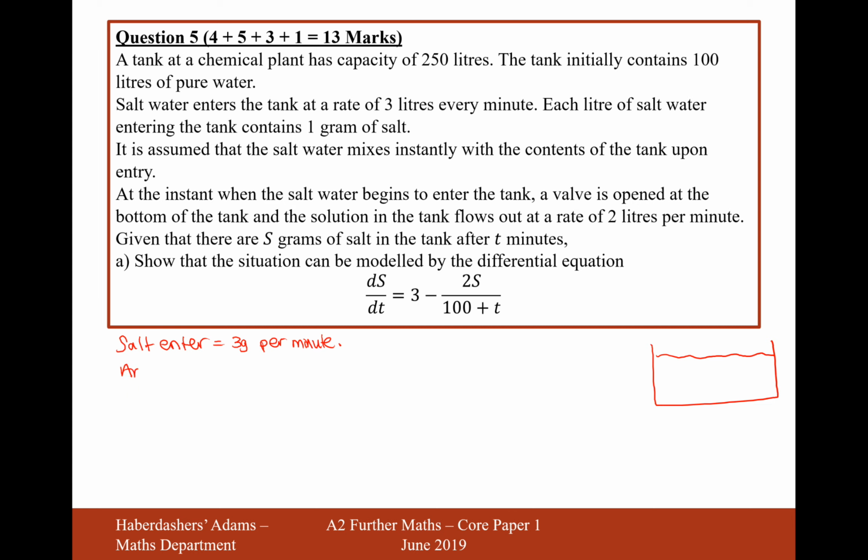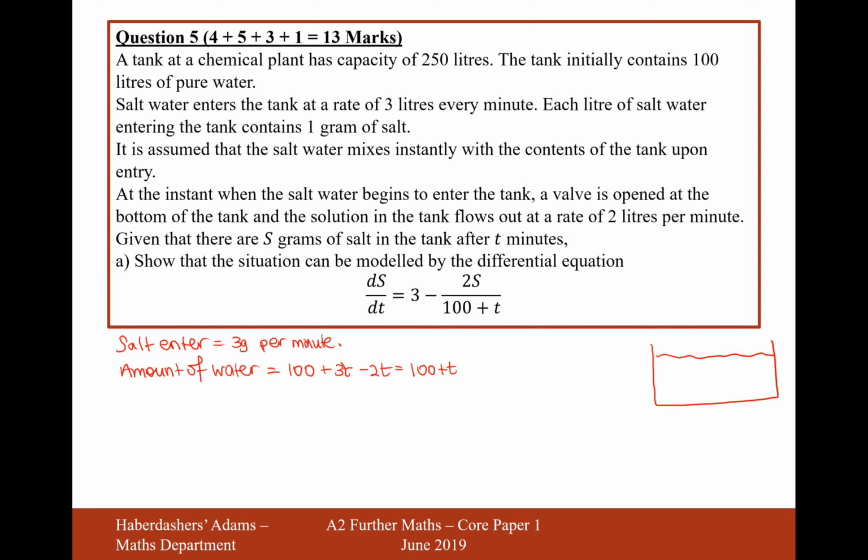So the amount of water is going to be equal to 100. It starts at 100 and then every minute 3 litres gets added and every minute 2 litres is subtracted. So that's going to give us in total 100 plus t litres of water in the tank. So every minute it gets 1 litre more of water.